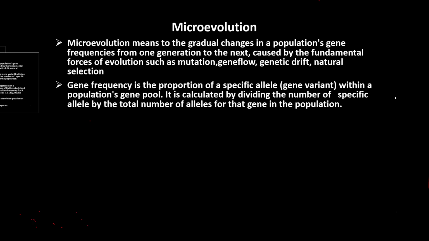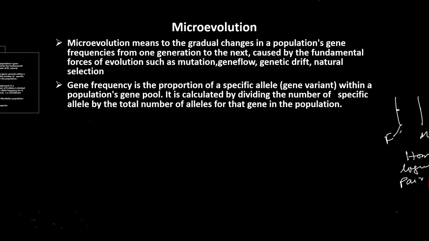Gene frequency: we know that we have 23 pairs of chromosomes. Each chromosome pair is known as a homologous pair. Of this homologous pair, one chromosome comes from the father's side, one from the mother's side.